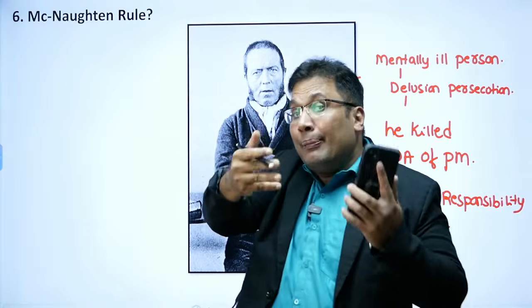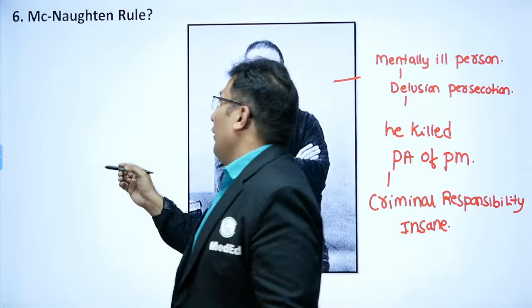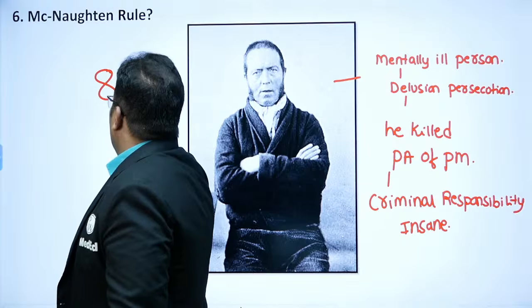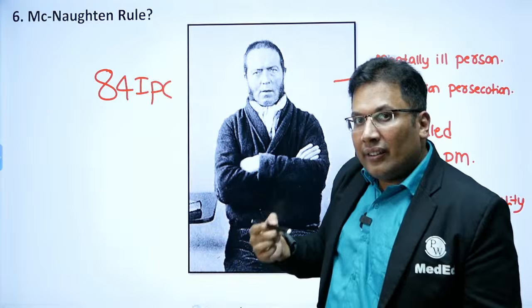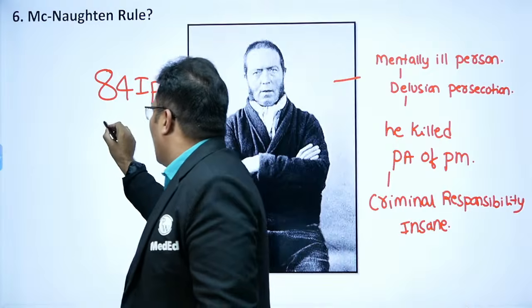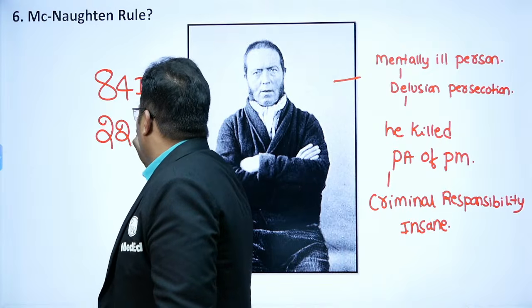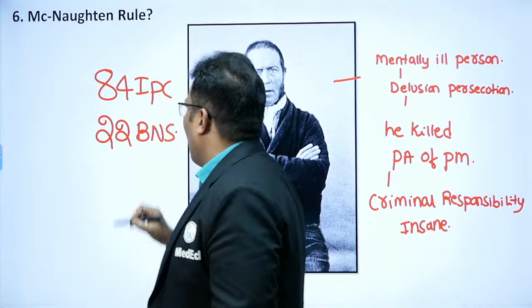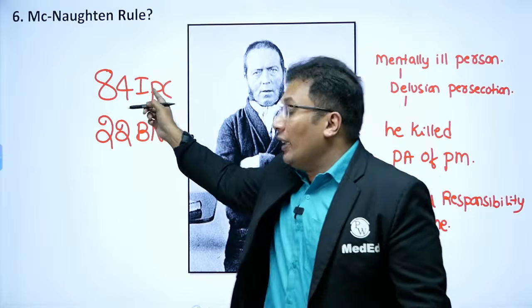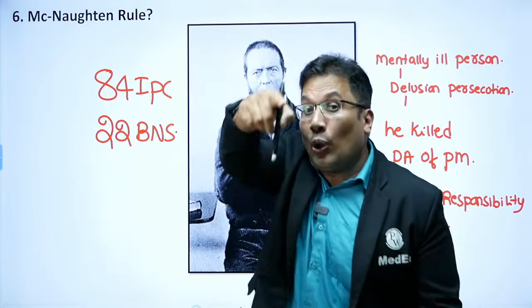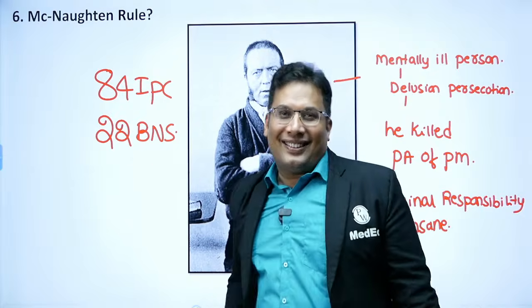This is implemented in India in Section 84 IPC, that is Indian Penal Code. Now it is changed to Section 22 BNS. So all of you write in the chat box: McNaughton is equal to 84 IPC is equal to 22 BNS.